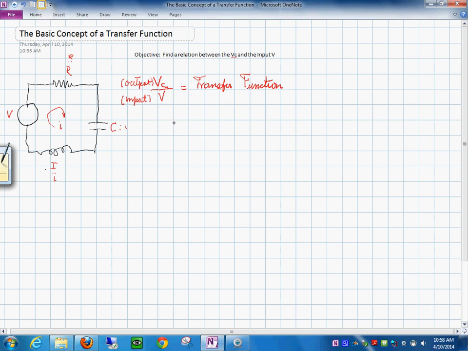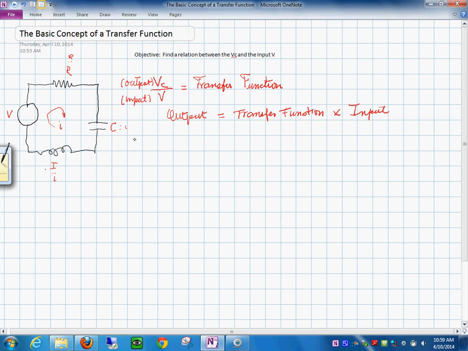So it follows that the output is always equal to the transfer function times the input. The output is the transfer function times the input. So it is crucial for me to find this relationship between these two.